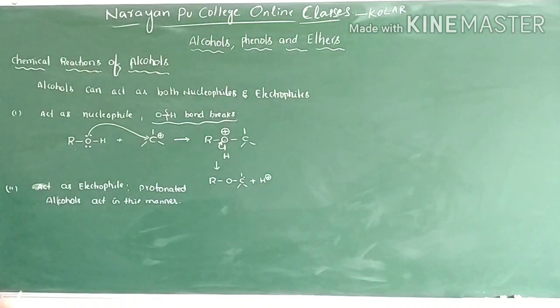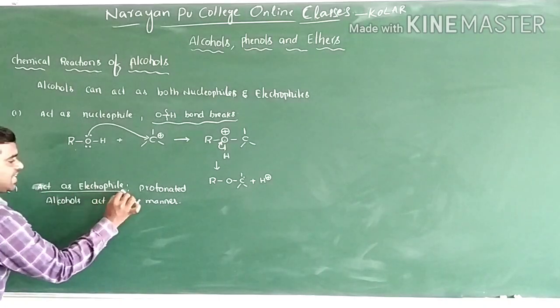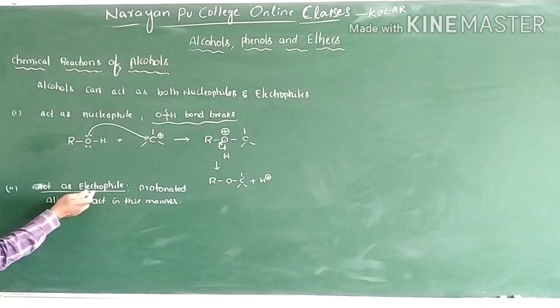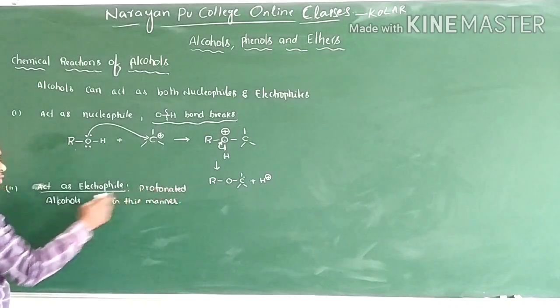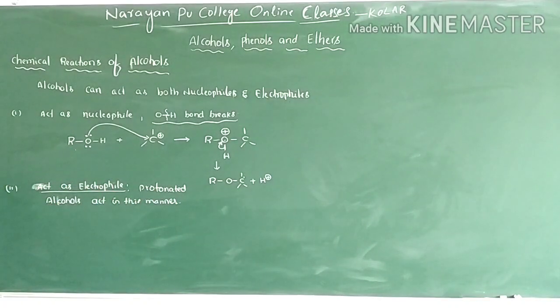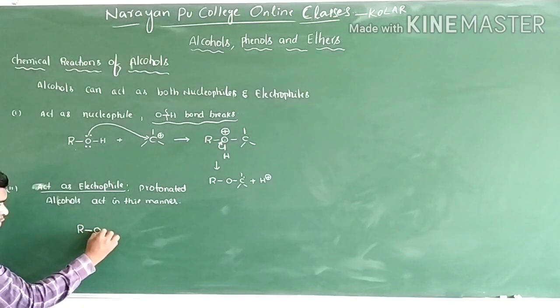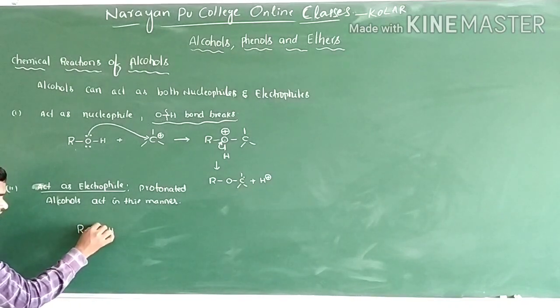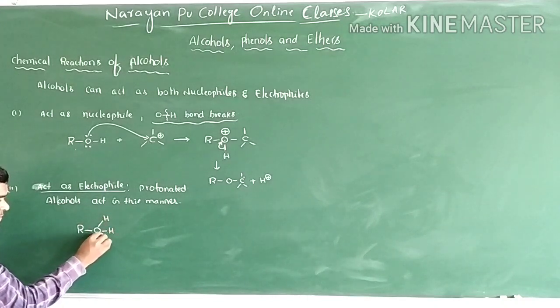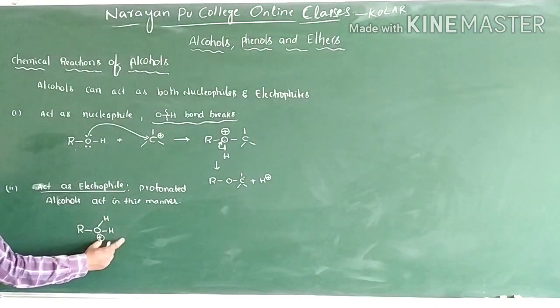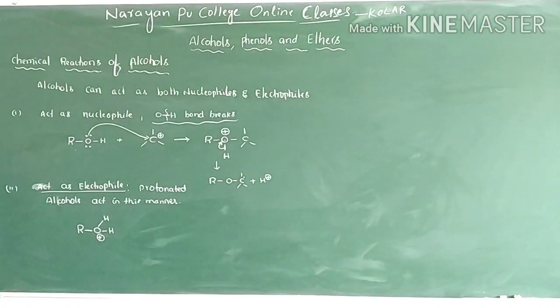Which one acts as an electrophile? Commonly protonated alcohol acts as an electrophile. Protonated means it takes the proton and acquires the positive charge. This is protonated alcohol, where a proton is added to the alcohol.